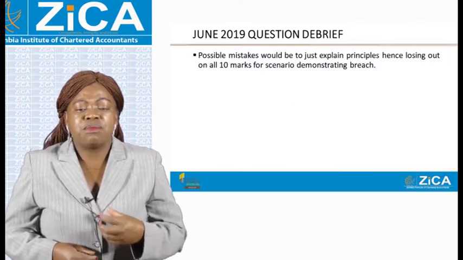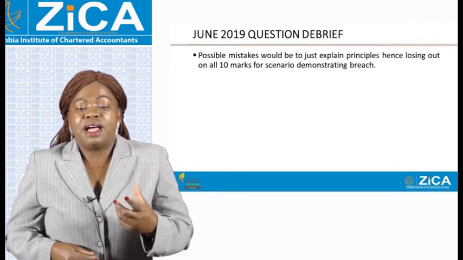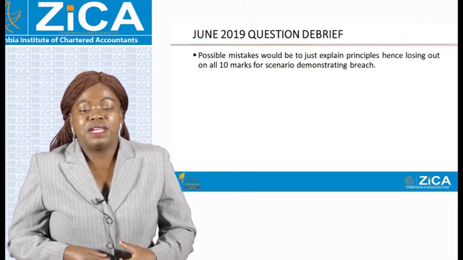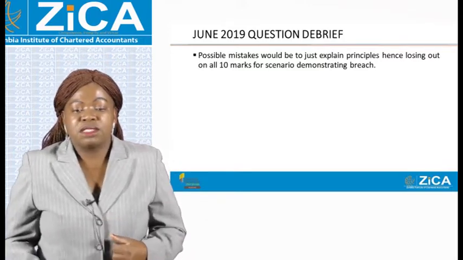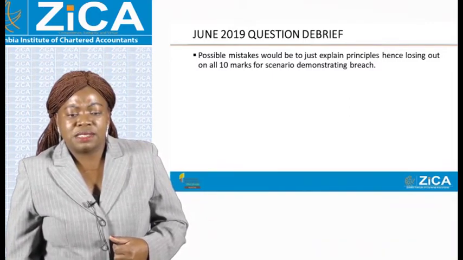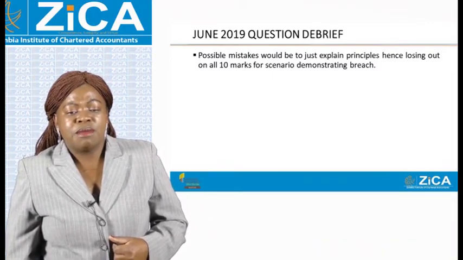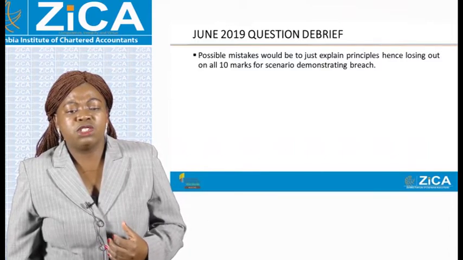But the question said, bring a practical example. Identifying and explaining fundamental principles is the most straightforward thing. But to give a practical example, I'm sure a lot of candidates at this sitting found themselves wanting. So that is what you need to do.